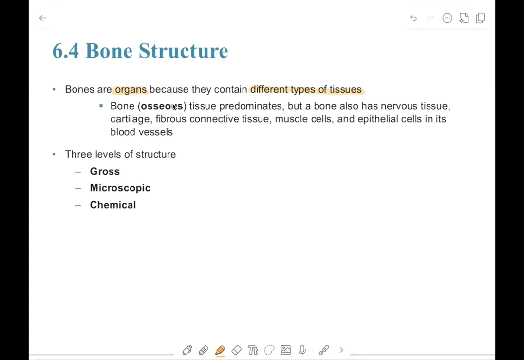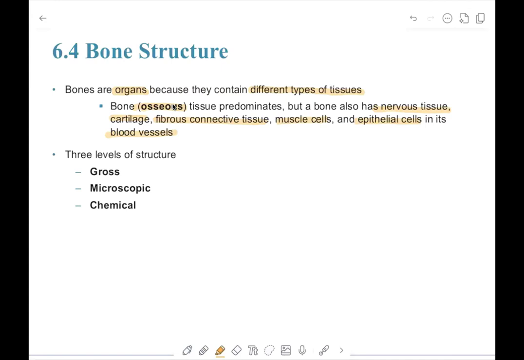Bone is osseous tissue, but it also has nervous tissue, cartilage, fibrous connective tissue, muscle, epithelial cells, and blood vessels. So pretty much all four types.